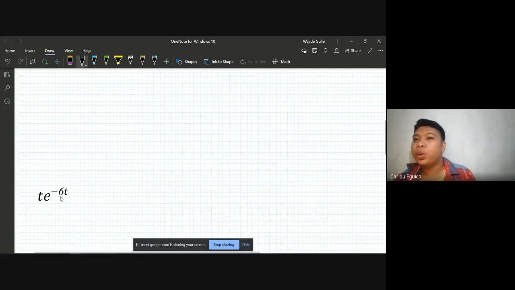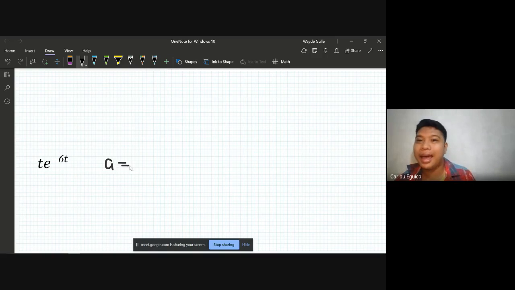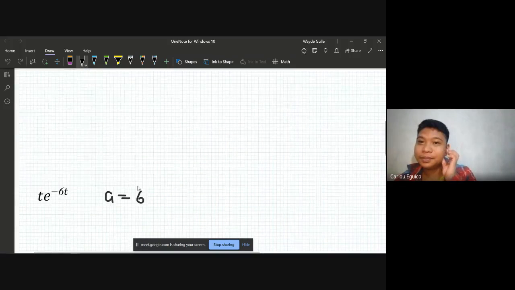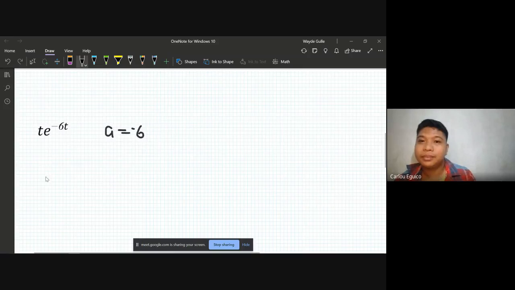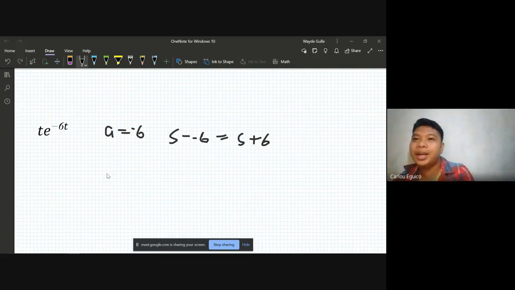So what we're going to do is s plus 6, because a is negative 6. s minus negative 6 becomes s plus 6. So we're going to use that s plus 6 for our solution.